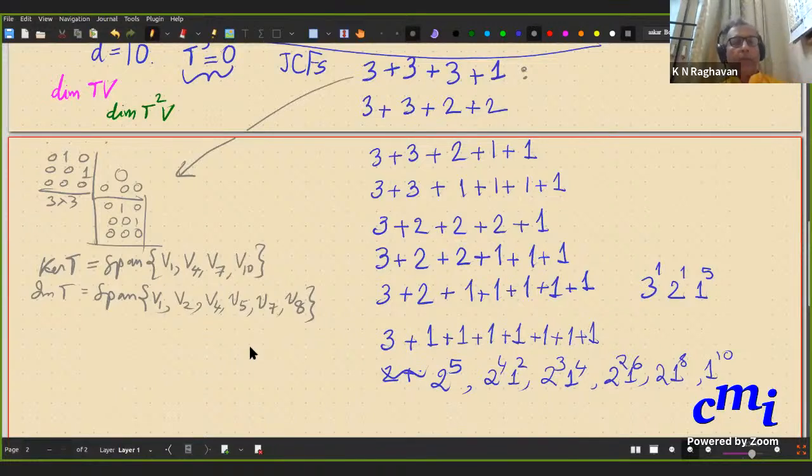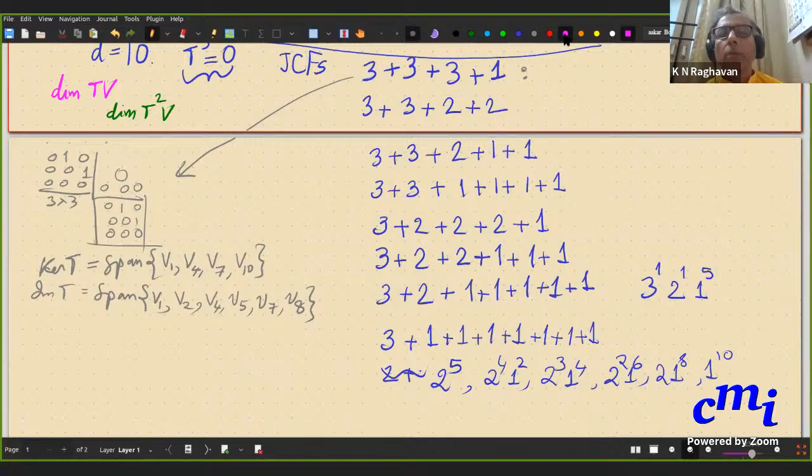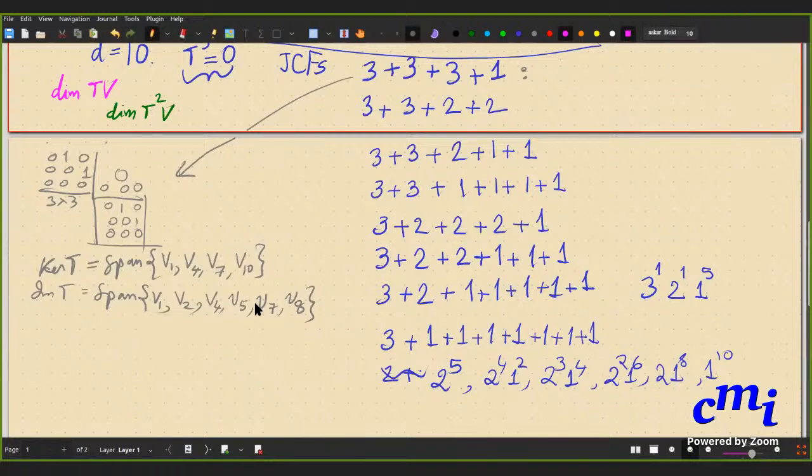Okay, so here, what should I write? What is the dimension of T squared V? What is the dimension of TV in this color? What's the dimension of TV? 6.